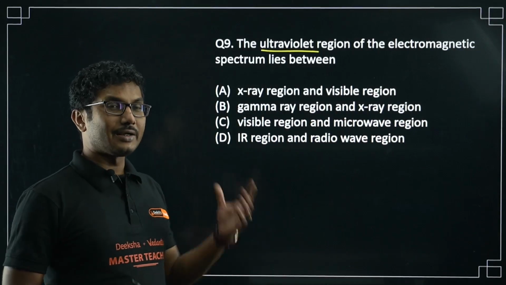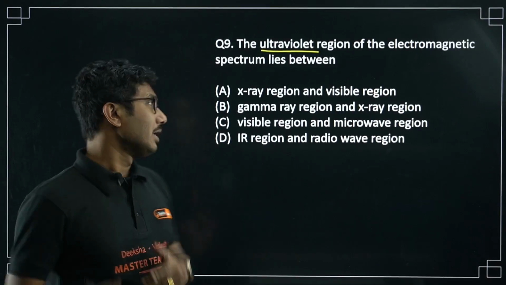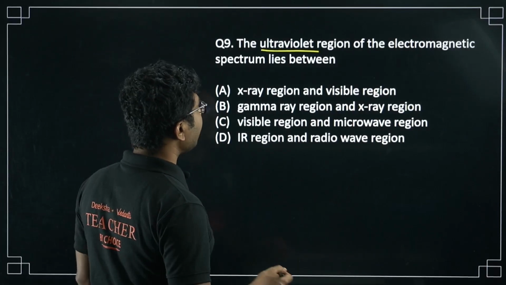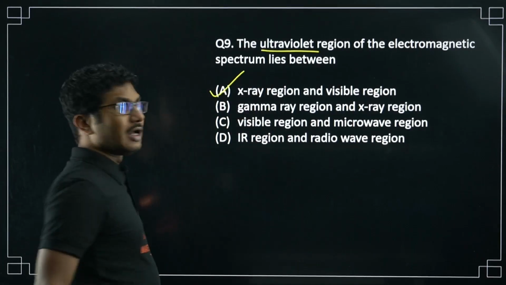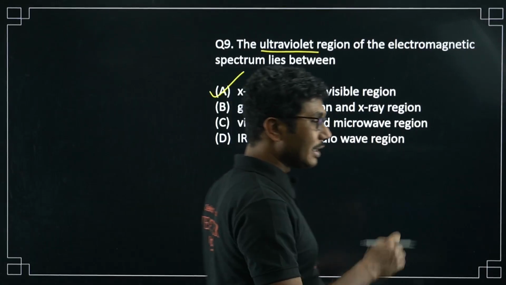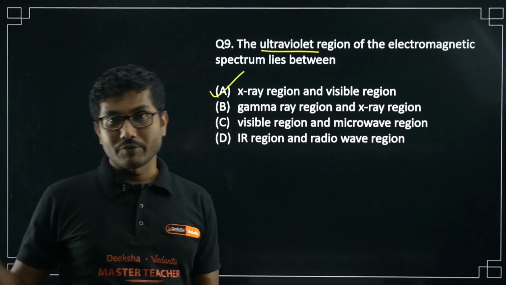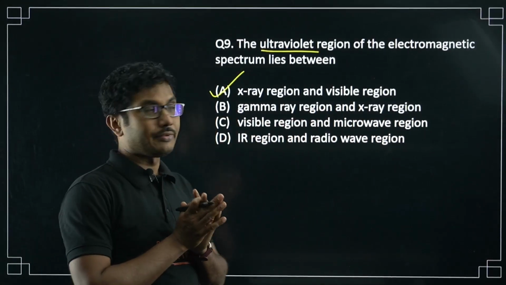So ultraviolet is sandwiched between visible and X-ray. Infrared, on the other hand, is sandwiched between visible and microwave.